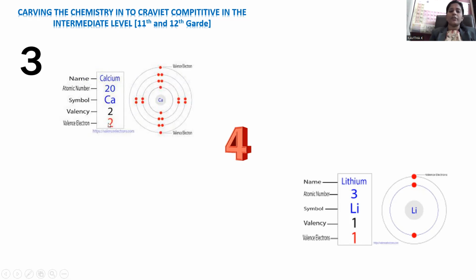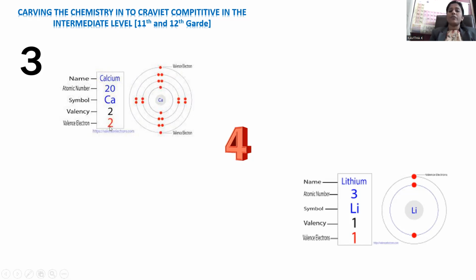So 4s2 will be the outermost electronic configuration of calcium. So the number of valency electrons of calcium will be 2. Its symbol is Ca and atomic number is 20. Valency means ability to bind: in calcium chloride, Cl2 is there; in calcium hydroxide, OH is taken twice. That is called its binding ability. Valency electrons are 2.